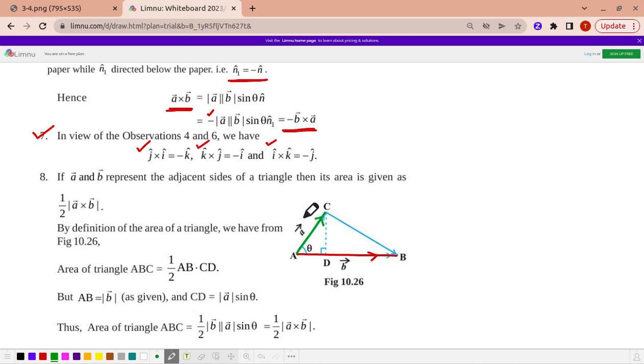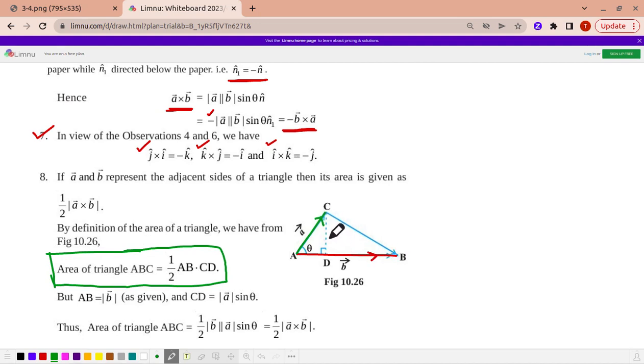Then what we get, A cross B we know, but I will come to that after some time. If we look from the area of the triangle perspective, the area of the triangle is, we know, half into base into altitude. So, area of the triangle, as you see here, is equal to half into AB into CD.